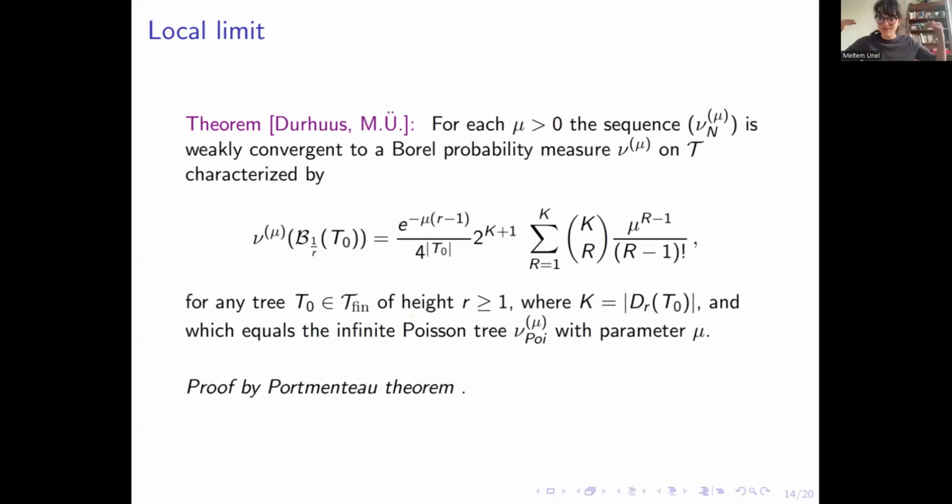But even if we don't know the explicit form of the limiting measure, by using these results and doing a bit more calculation, one can show that the limiting measure exists and is characterized by these volumes on the balls. This is just a side remark for people who are interested in local limits. I move on, if it is okay.